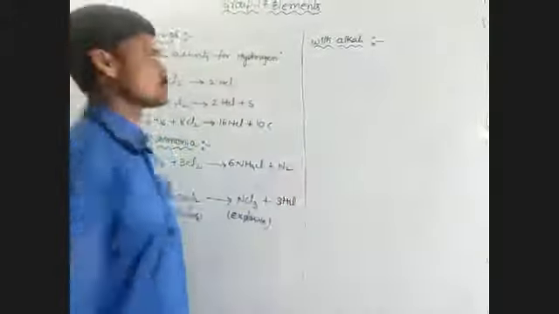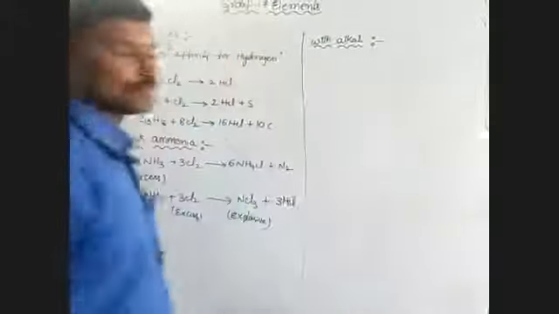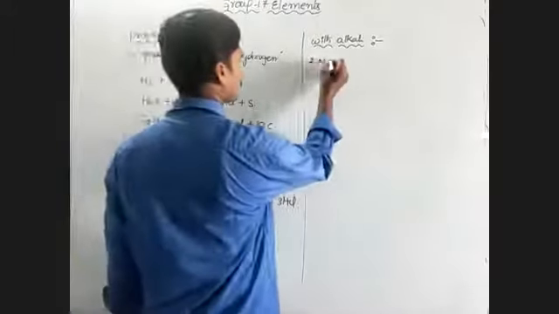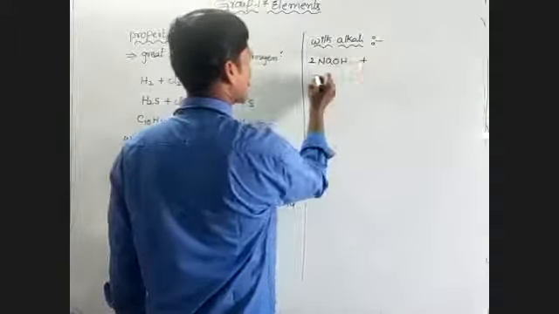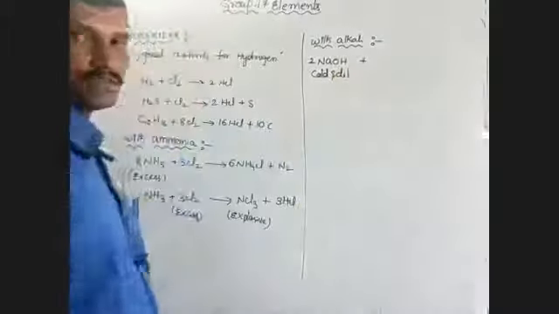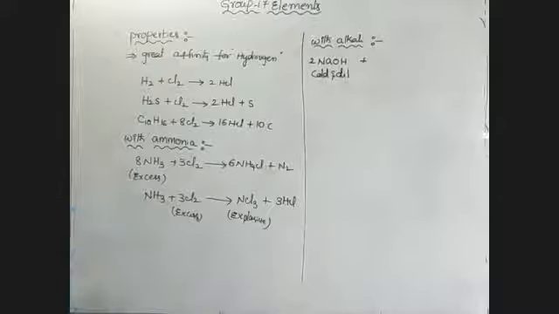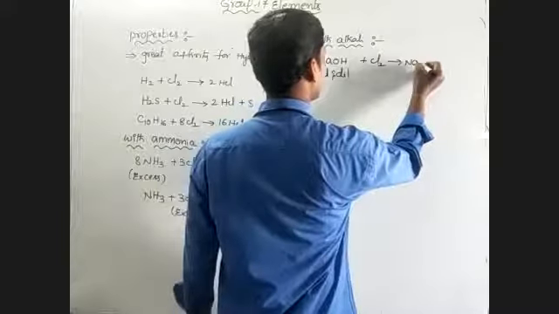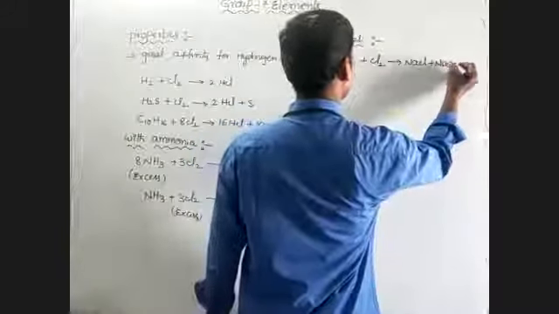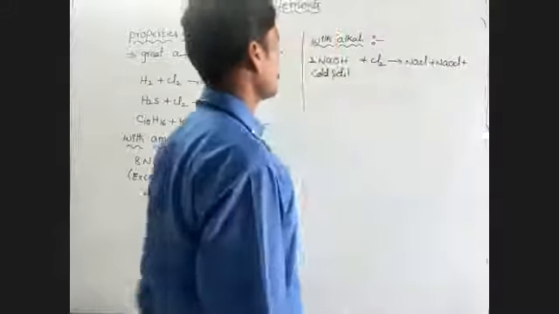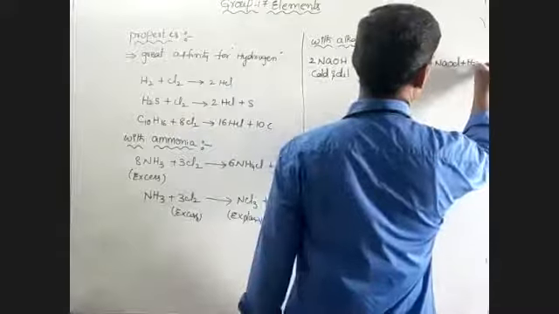Alkali is nothing but, for example, sodium hydroxide. Here, 2 moles of sodium hydroxide. This is cold and dilute NaOH. This chlorine combines with sodium hydroxide. It forms NaCl, NaOCl, sodium chloride, sodium hypochlorite, and water.